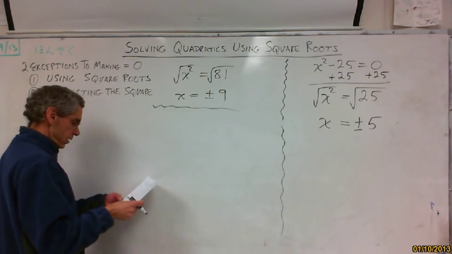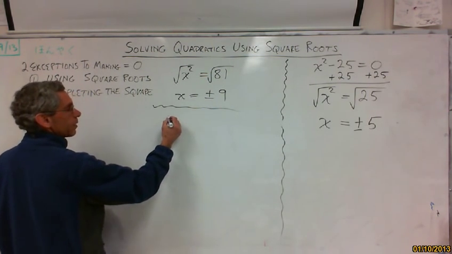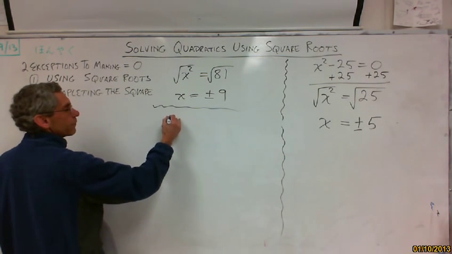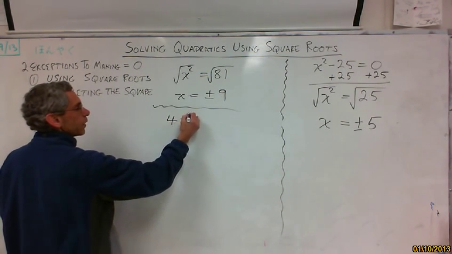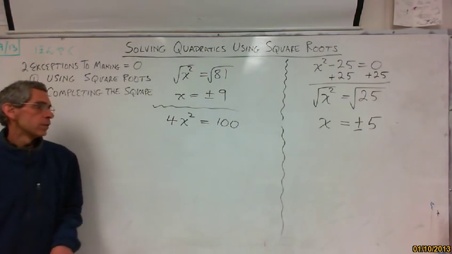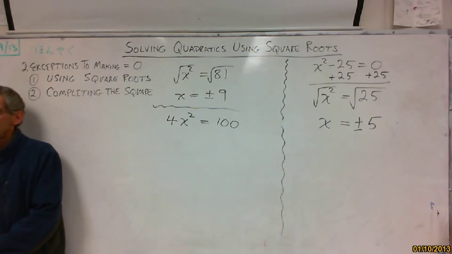All right, so let's do another one. Let's say I did 4x squared equals 100. I'm going to want to know what x is. So what could I do first before I actually take square roots?